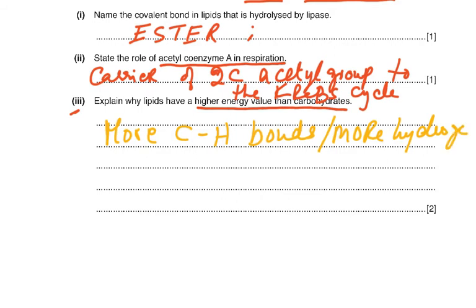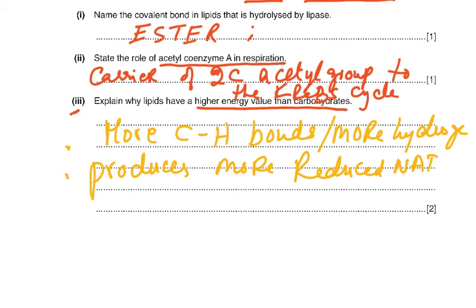More CH bonds or more hydrogen, so produces more what? Produces more reduced NAD, or NADH. More oxidative phosphorylation.